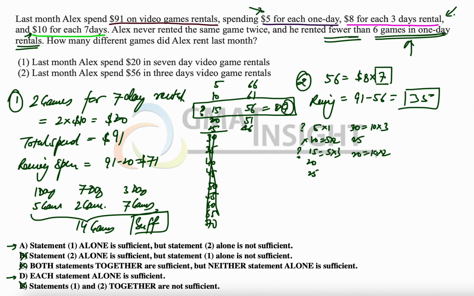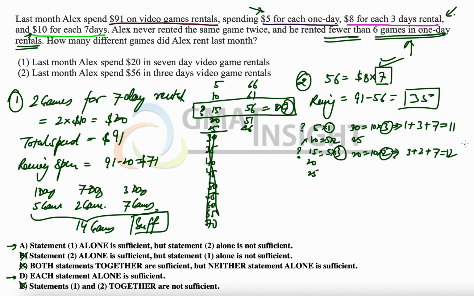Now, right here we can stop. The reason is there are multiple choices that we are getting. According to this, the total games will be 1 plus 3 plus 7, which means 11. And according to this choice, he might have rented 3 plus 2 plus 7, 12.